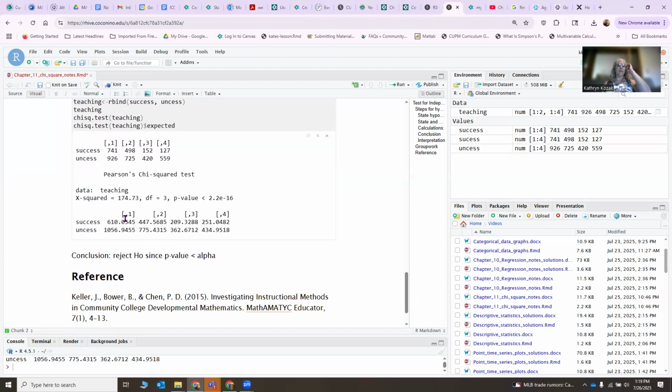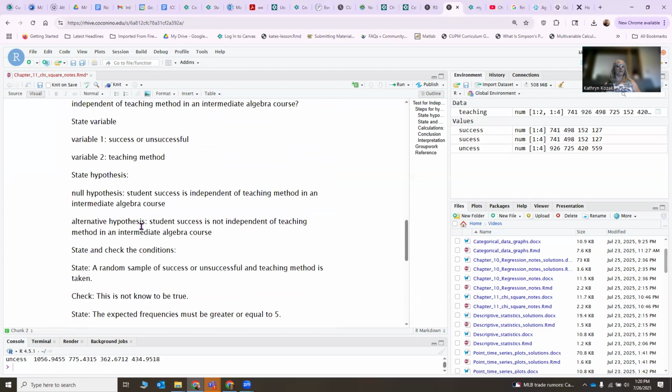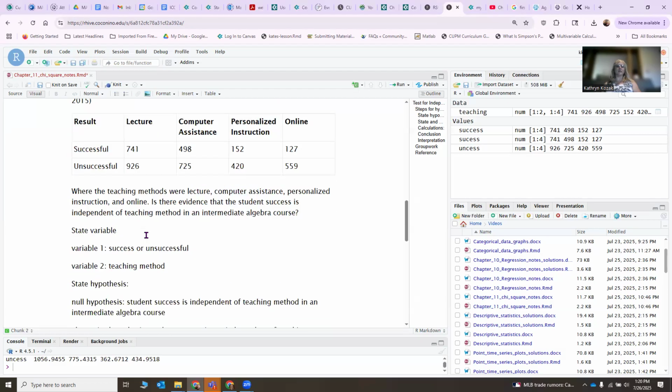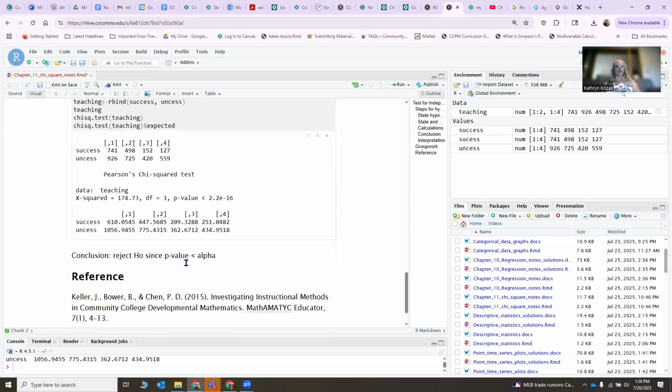So they're saying that for people who are in lecture class, out of our total number of people, we expect there to be 610 to be successful. We expect 1056 to be unsuccessful. And we got numbers like 741 and 926. So we're kind of close to those, but not real close to those numbers. And you can keep going looking at all those. This is what we expect to happen if everything is fine.